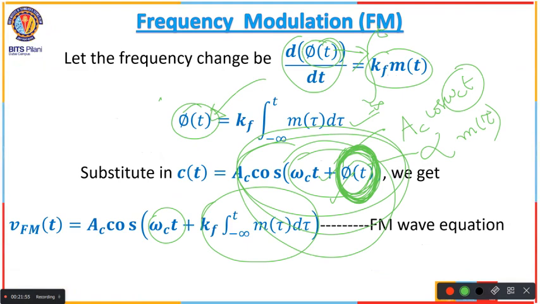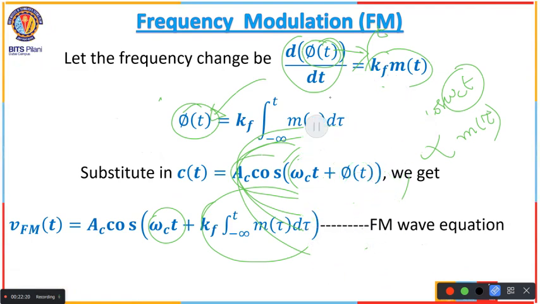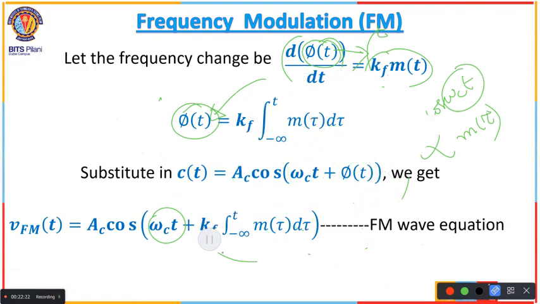We can write this equation either like this, or else you can directly write phi of t is equal to kf into m of t. That is phase modulation. I'll write only the phase. Have you understood this? Okay. So you have two representations now. One is phase modulation, the other frequency modulation. Both are same.